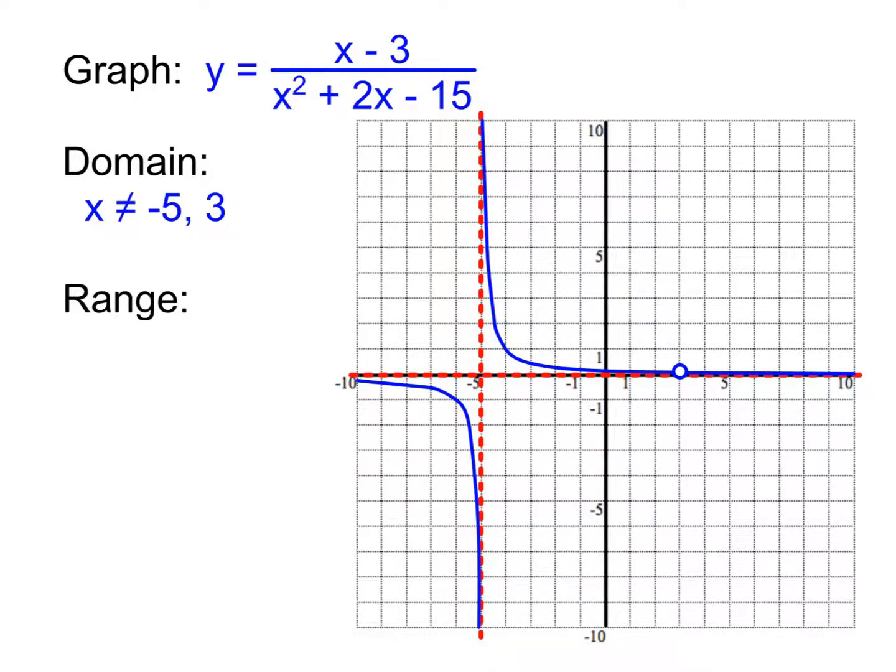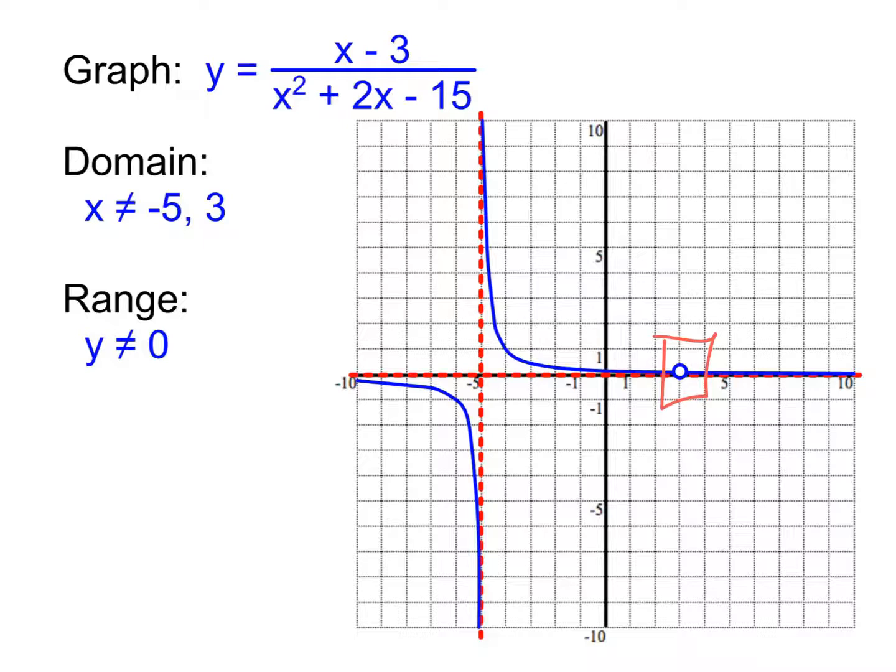For the range, what can y not equal? Well, 0 certainly, because we have an asymptote at 0. But now things get a little bit trickier, because our hole in the graph has a y value at that hole as well. And so we need to figure out what the y coordinate is of that point.